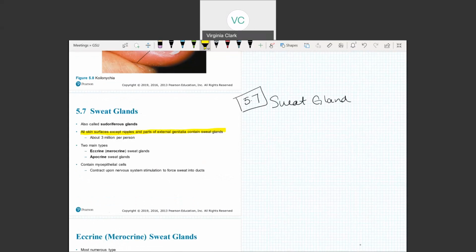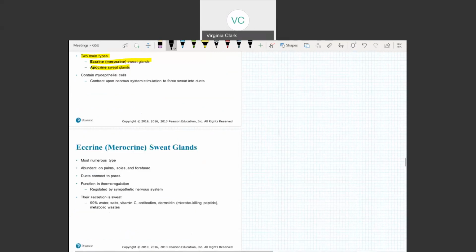So there is a ton if you think about the entire surface area of the skin. There's going to be two main types: your eccrine, which are also called merocrine, or your apocrine sweat glands. These two main types are what we're going to talk about. We're going to talk about eccrine first.